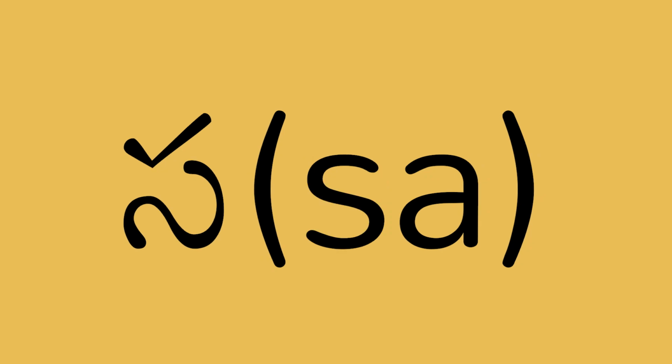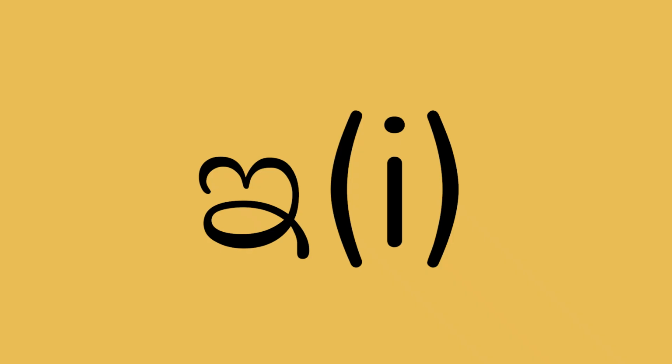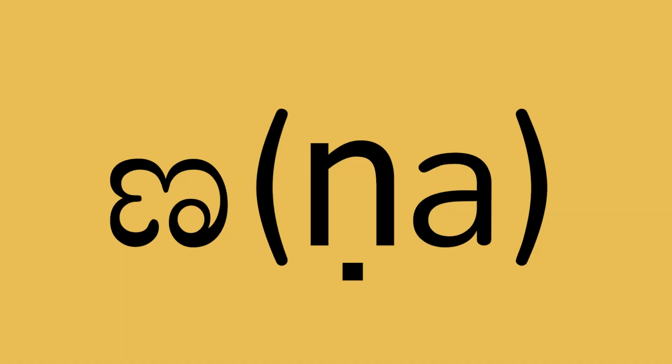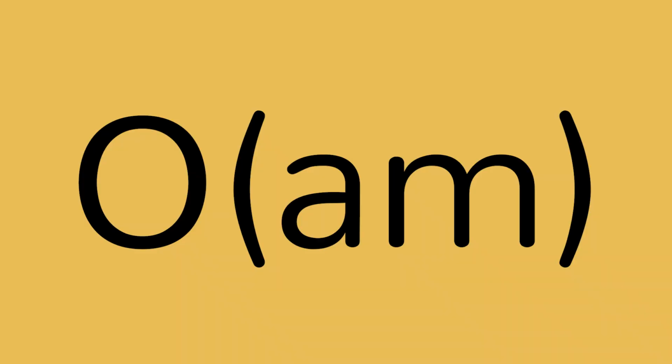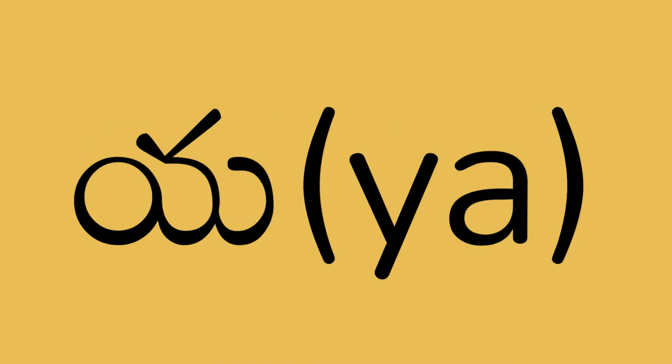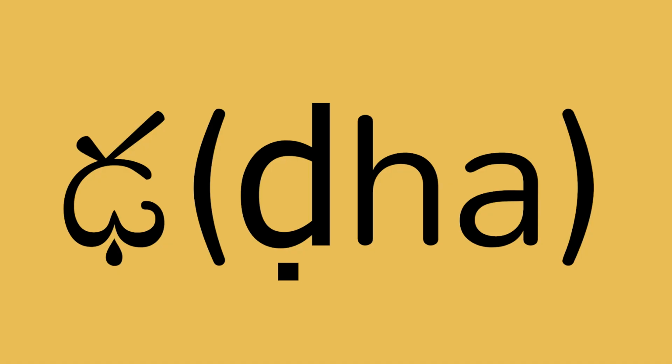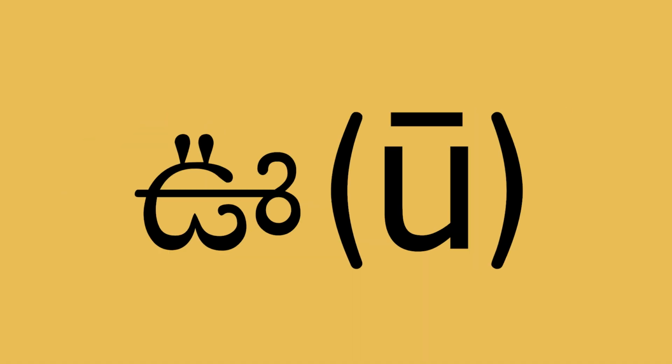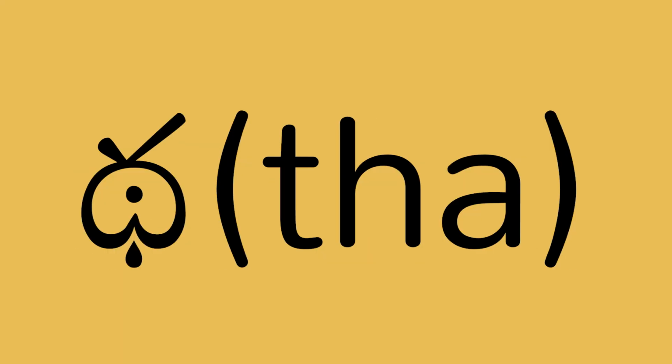Group 2 is Gha, Na, Sa, and script group 3 E, Nya, Na, and the script group 4 letters Ra, Ta, E, Ya, Ja. The next group 5 letters are Da, Dha, U, U. Sixth one is Da, Dha, Tha.